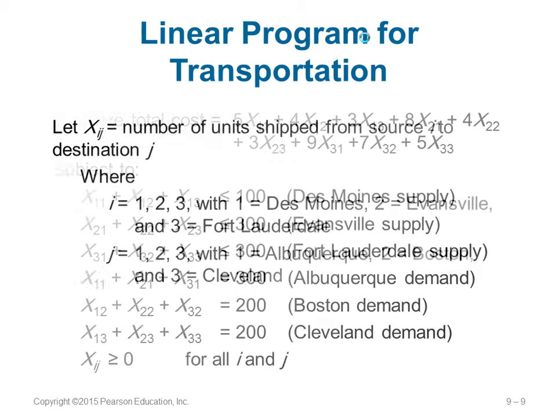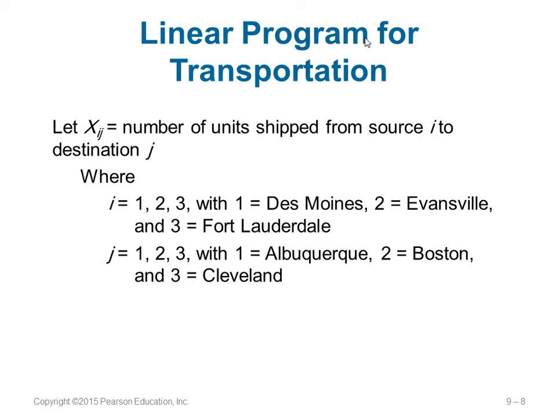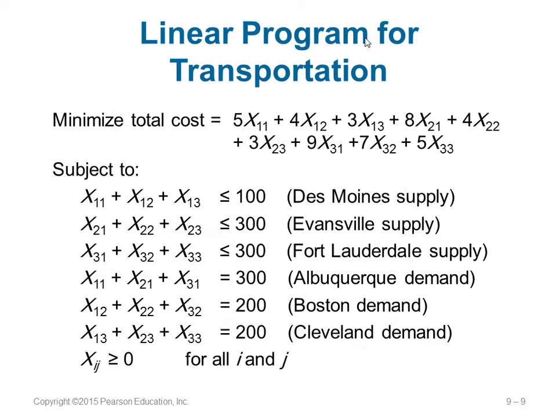So we want to deliver from Des Moines to Albuquerque or Boston or Cleveland and so on. X11 says we want to go from the first source to the first destination, X12 from the first source to the second destination. For each one, the cost is given. You multiply them with the respective cost and sum it up to get the total cost. You need to minimize it using a linear program.